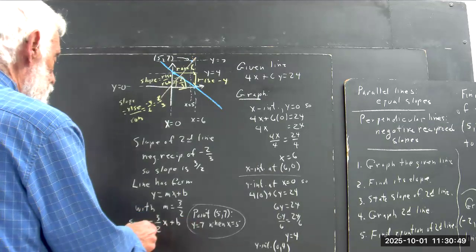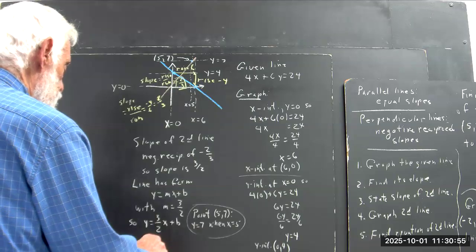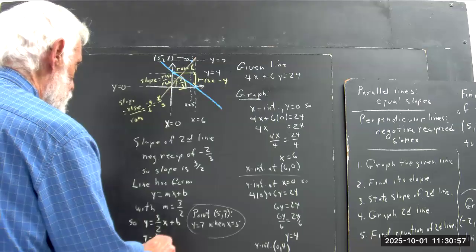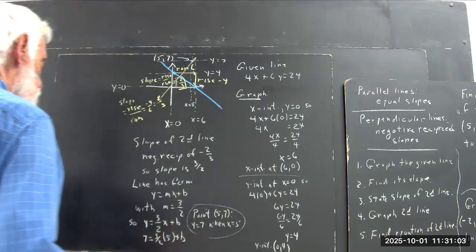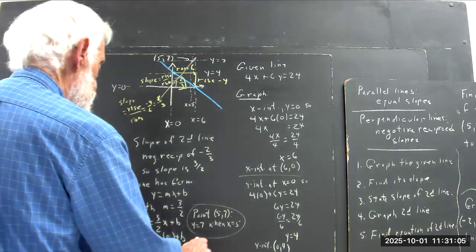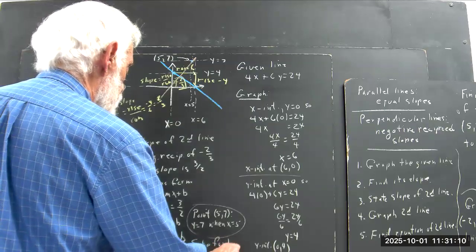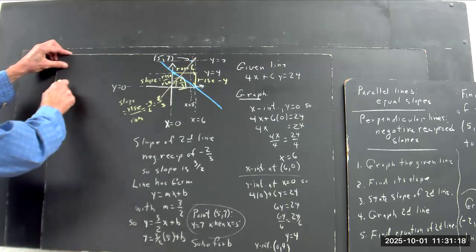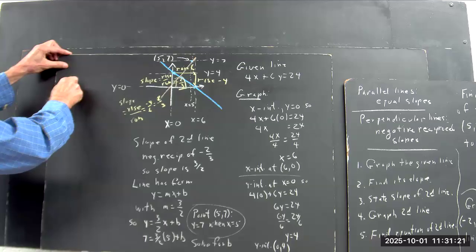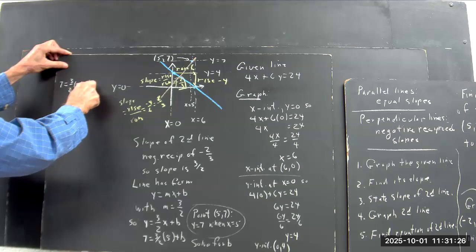So we can plug y equals 7 in for y, x equals 5 in for x, and we get 7 equals 3/2 of 5 plus b. Solve for b. Okay, well, we don't have room there, so we got 7 equals 3/2 of 5 plus b.